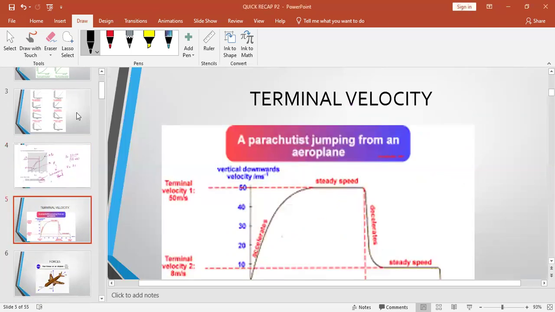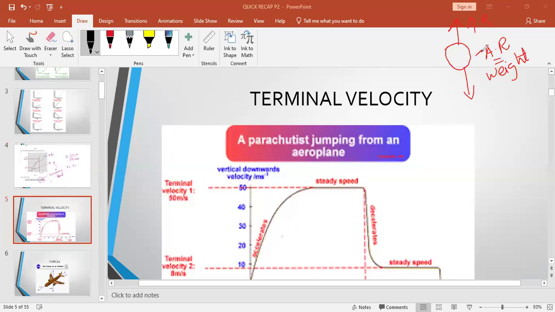Now, what is terminal velocity? When we are dealing with terminal velocity, we are always dealing with vertical motion. For vertical motion, there are only 2 forces acting on the object or on the parachutist: air resistance and the weight. Weight is acting downward, air resistance is acting in the upward direction.